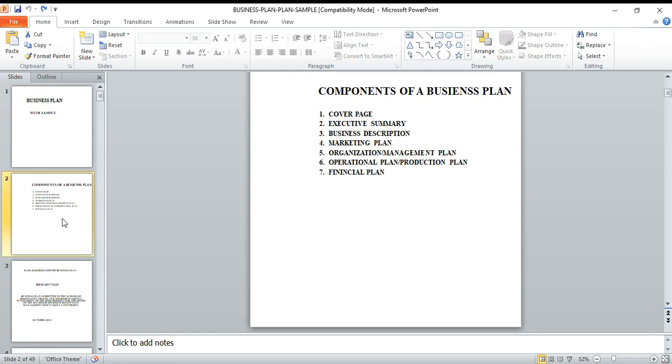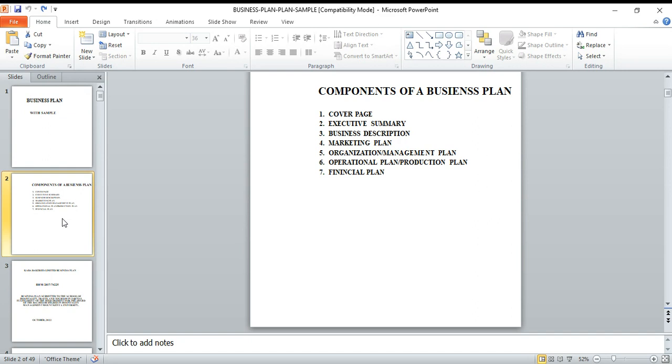Number three, we are talking about the business description as a component of the business plan. It contains a comprehensive description of the business and what it intends to accomplish. There are several things included in this business description. One is the name of the business and its contacts, remember that.